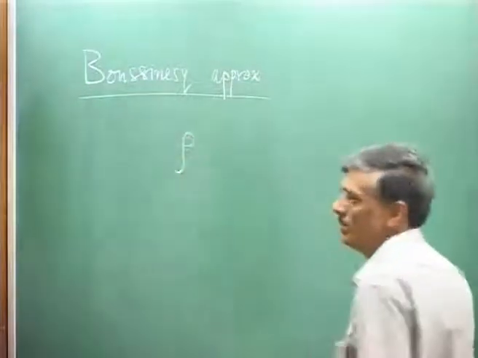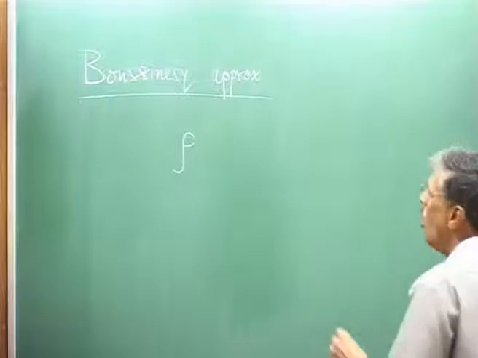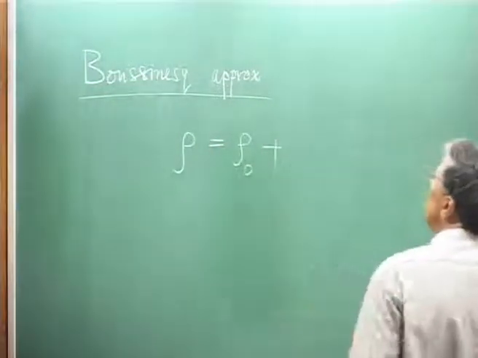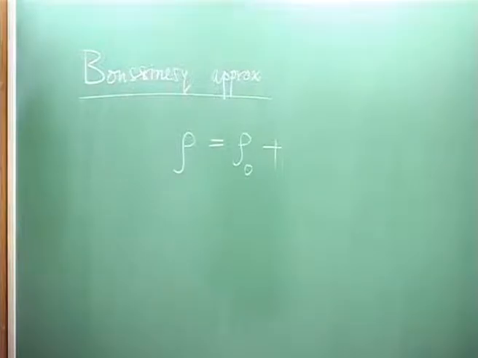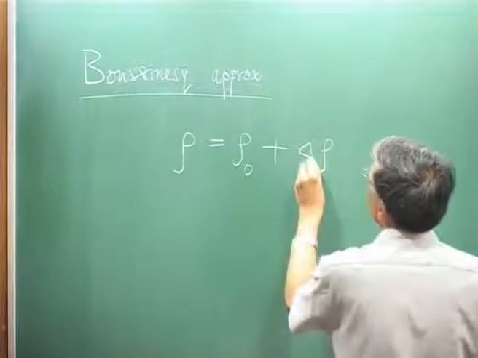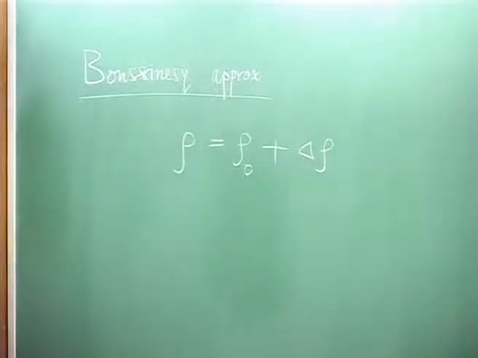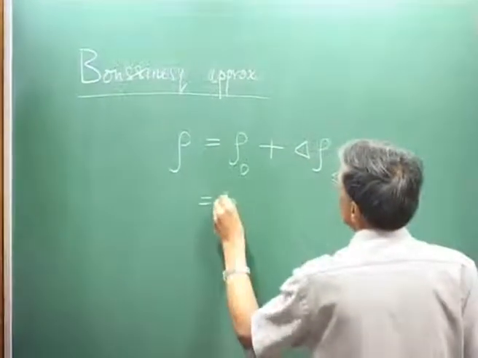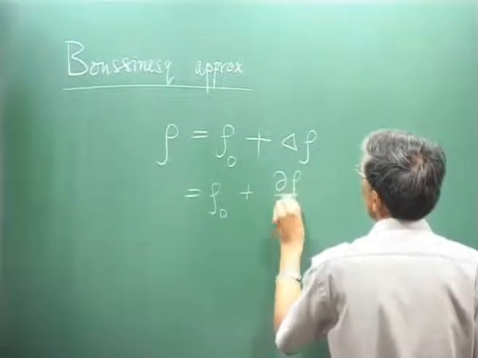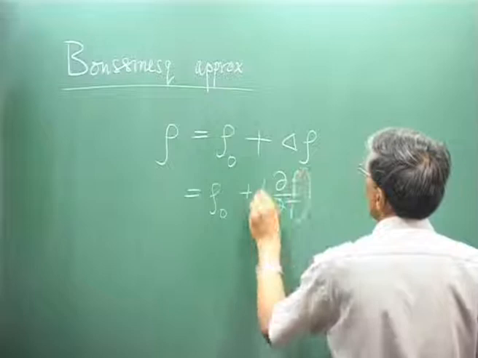if I take the density rho, then I will add to it some nominal value rho naught, we will write it as delta rho, and this we can write as del rho del t times delta t.